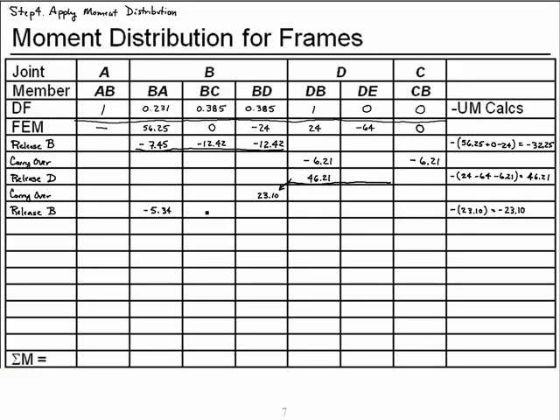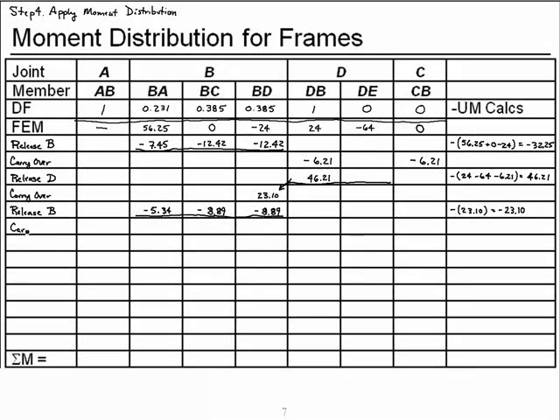We take the minus 23.1 foot kips times 0.385, and we distribute a minus 8.89 foot kips to member BC, and a minus 8.89 foot kips to member BD. And now node B is in equilibrium. We clamp it back down.